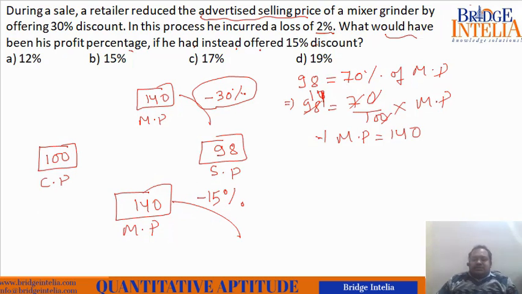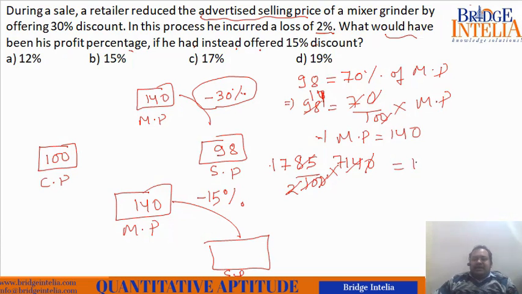So in that case, what will be the selling price equal to? So he is giving a discount of 15%, that means he is asking for 85% of the sticker value, 140. So this and this cancels. So 17 and 2. So 17 sevens are 119.